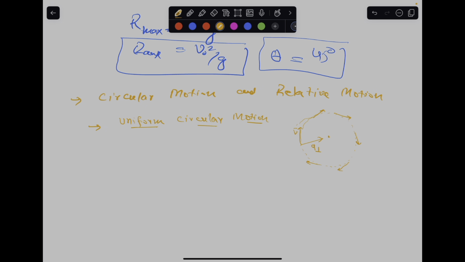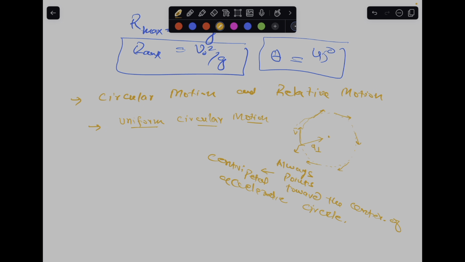This acceleration always points toward the center of a circle.